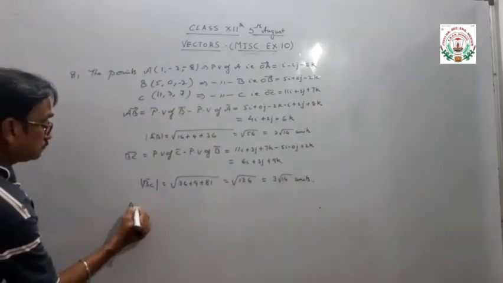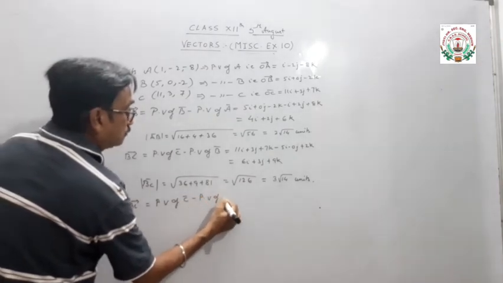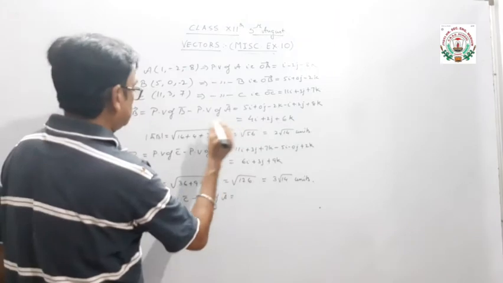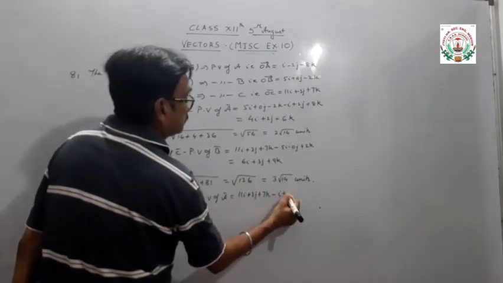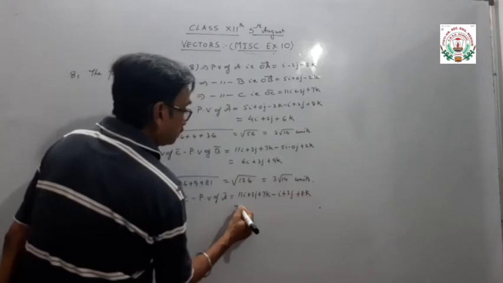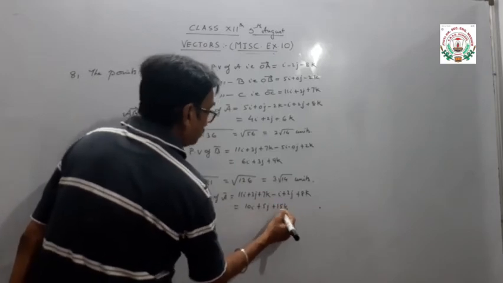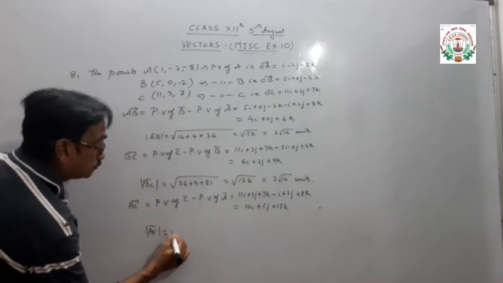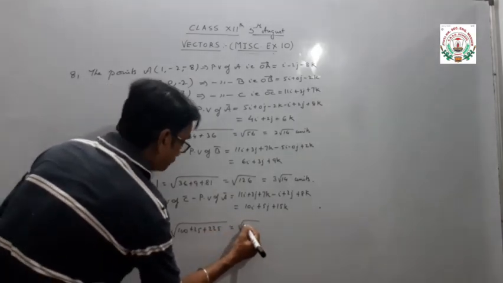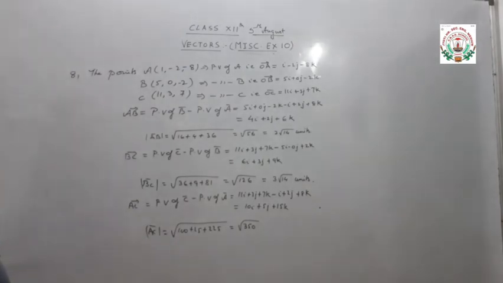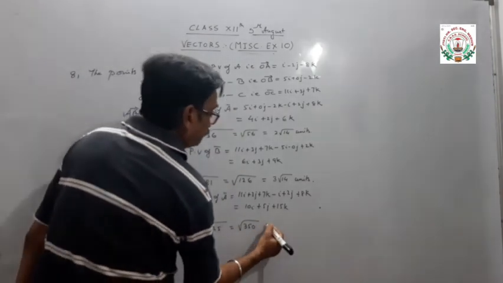Next comes AC vector: position vector of C minus position vector of A, that is 11i plus 3j plus 7k minus (i minus 2j minus 8k). 11i minus i is 10i, 3j plus 2j is 5j, 7k plus 8k is 15k. The modulus of this vector is 100 plus 25 plus 225, that is 350, which can be written as 5 under root 14.